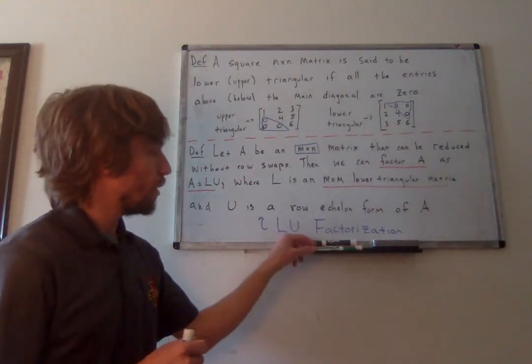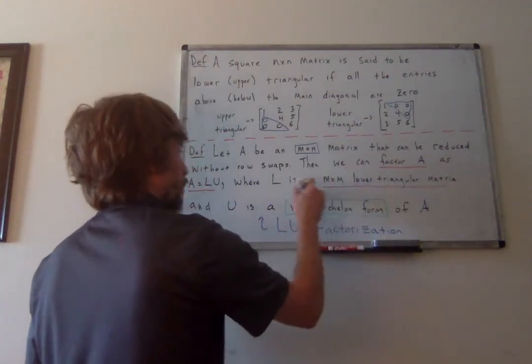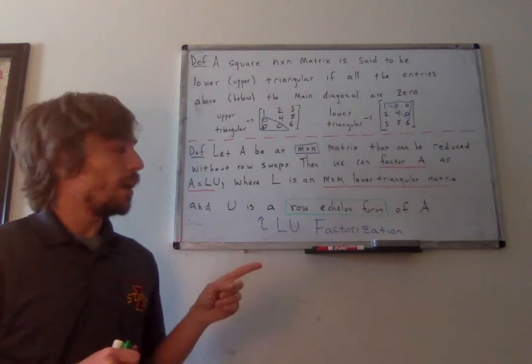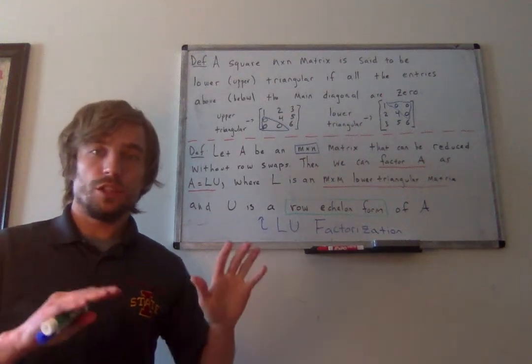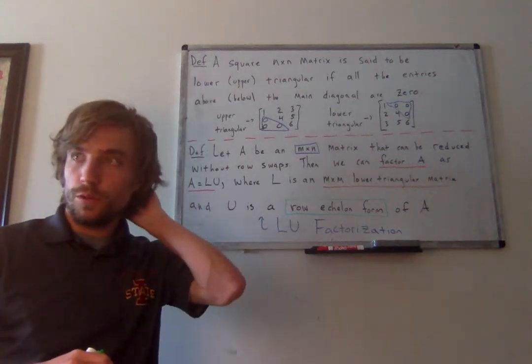So very important distinction here. U is a row echelon form of A, not a reduced row echelon form. So we're used to just completely reducing A all the way down to reduced row echelon form.